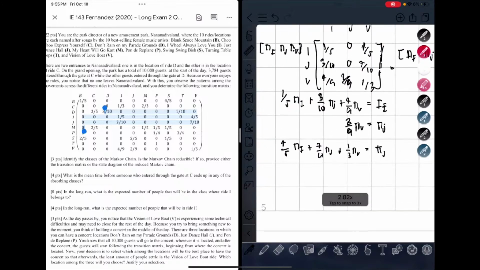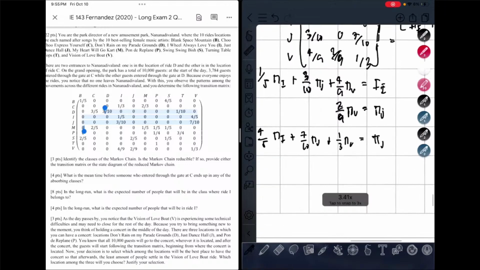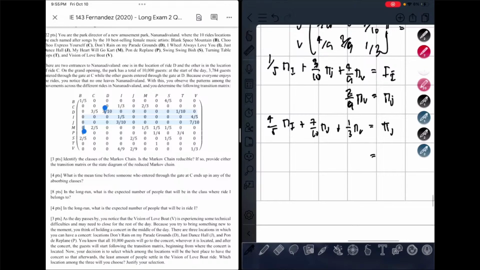So if you actually use these three equations, three unknowns, you'll actually get infinite solutions in the calculator. I guess it's also one way to check if you inputted everything correctly. If you input it without the normalizing equation, it will spit out infinite solutions. So you have to add the normalizing equation equal to 1.